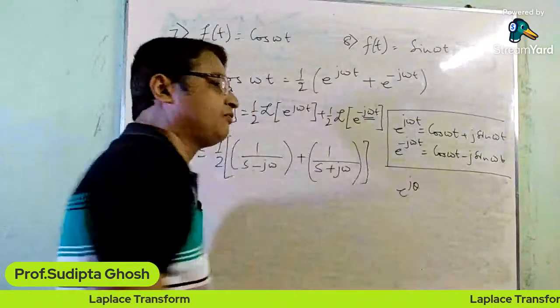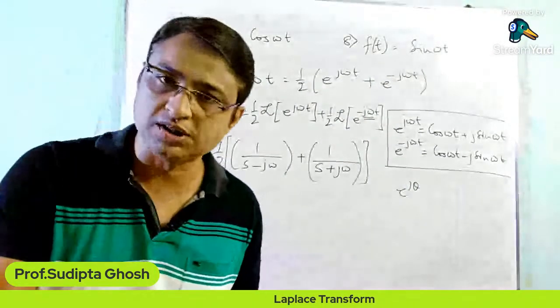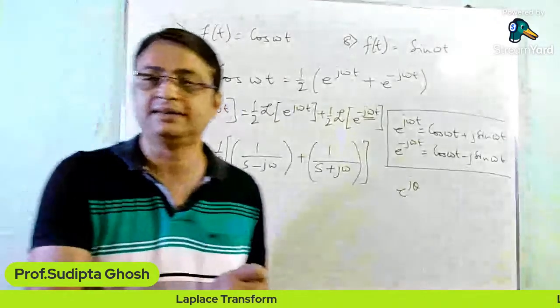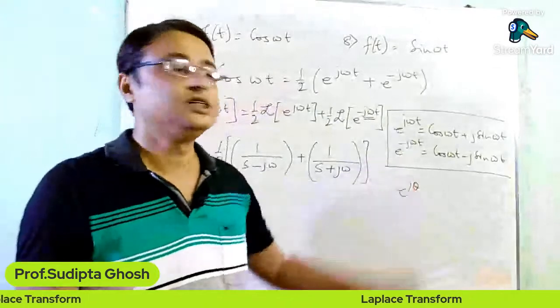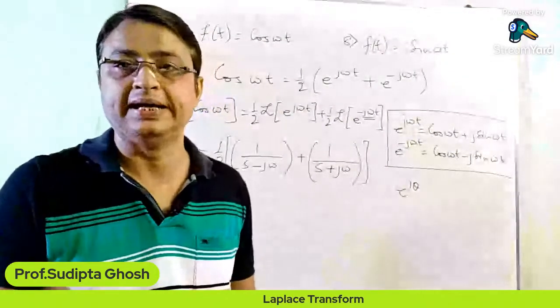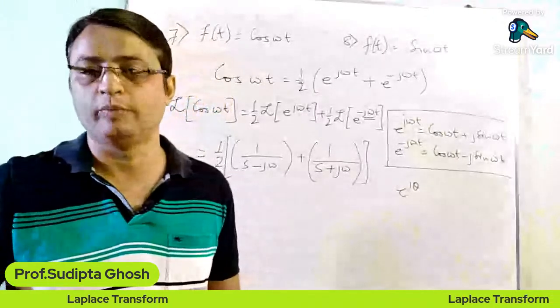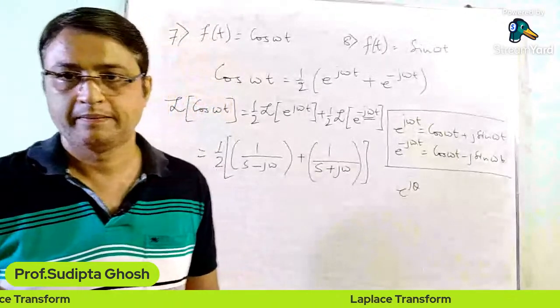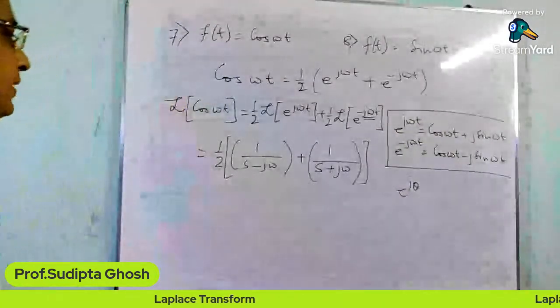This is the actual form of de Moivre's theorem: e to the power j theta equals cos theta plus j sin theta. I have written it as e to the power j omega t, and we have cos omega t plus j sin omega t. Is it okay?